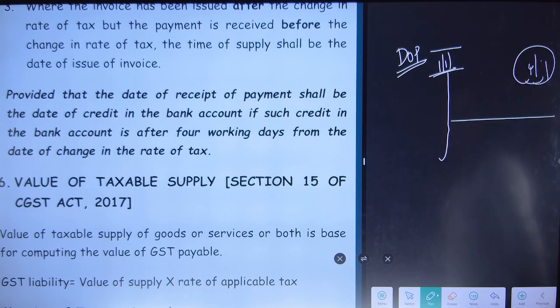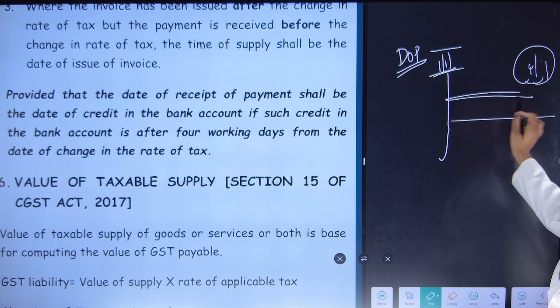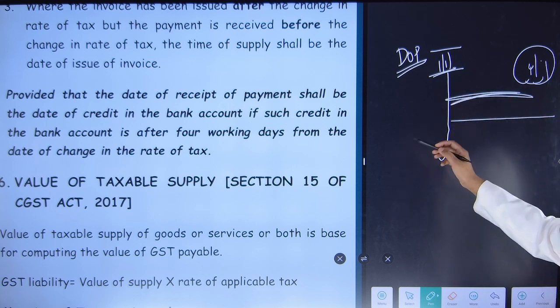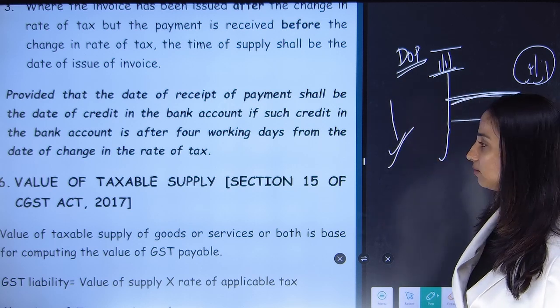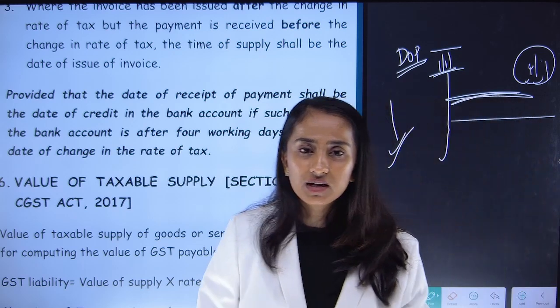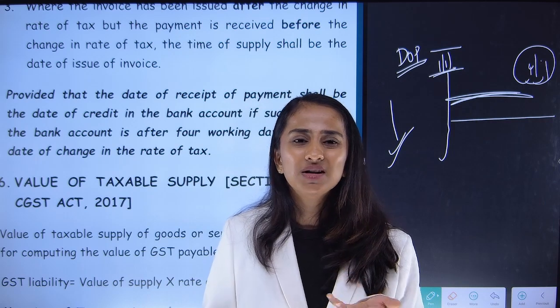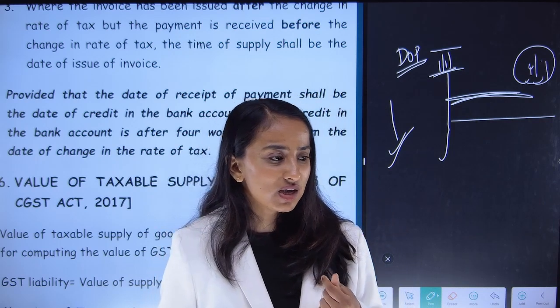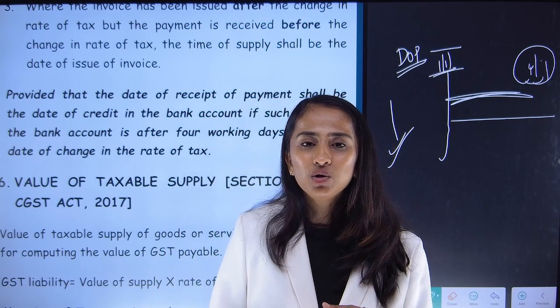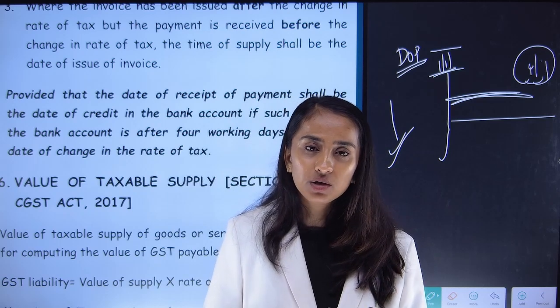This means the date of payment has to be within these 4 working days of the change in rate of tax, if at all the date of payment is falling here. So 1st January plus 4 days, there is a buffer for 4 days. Why? Because if you give any cheque, credit or anything, it will take time to process, so they're saying you have a buffer.